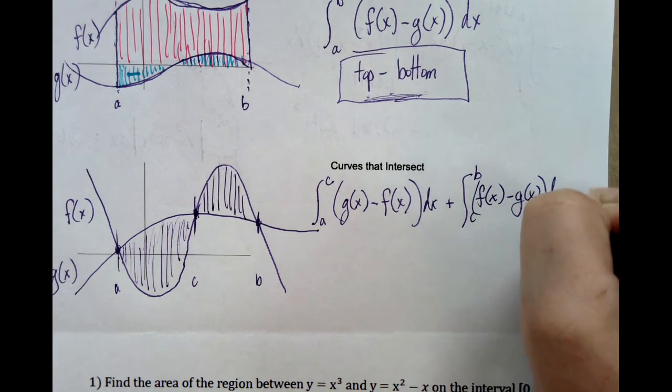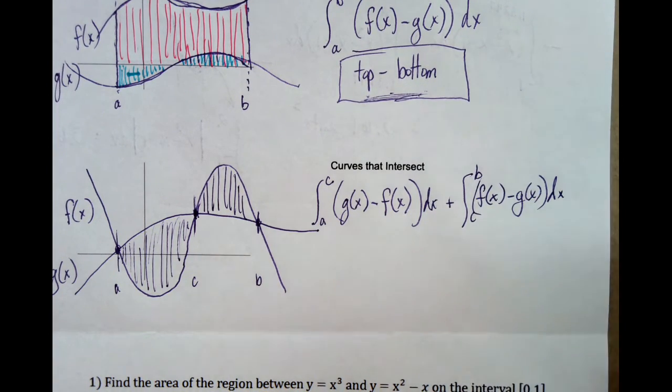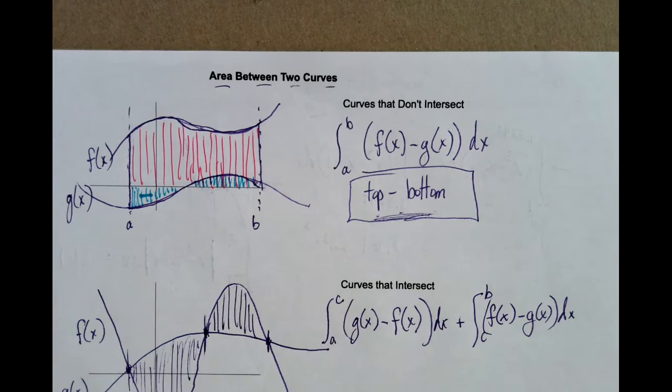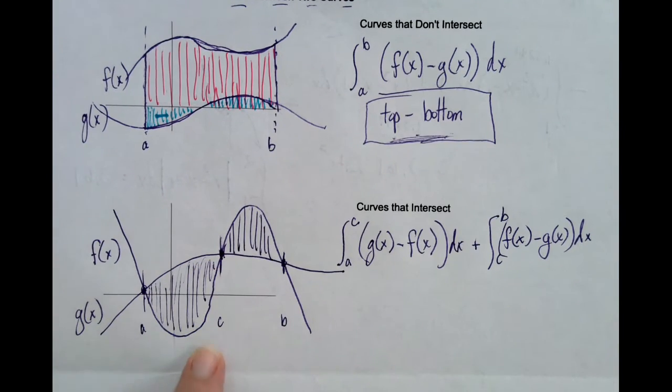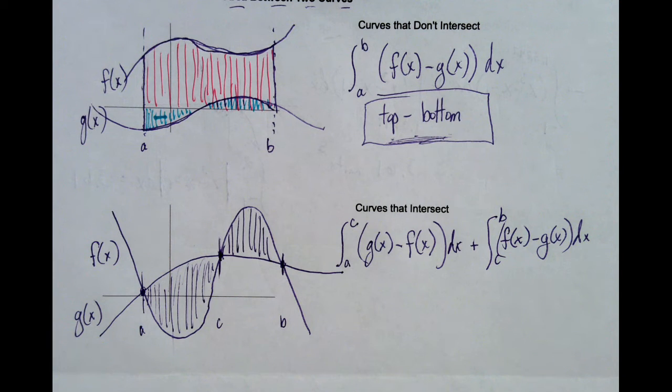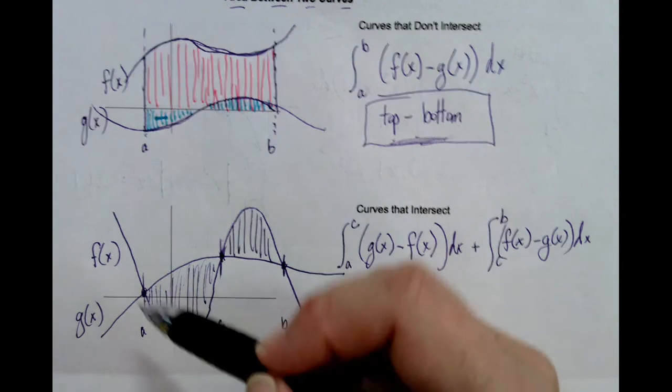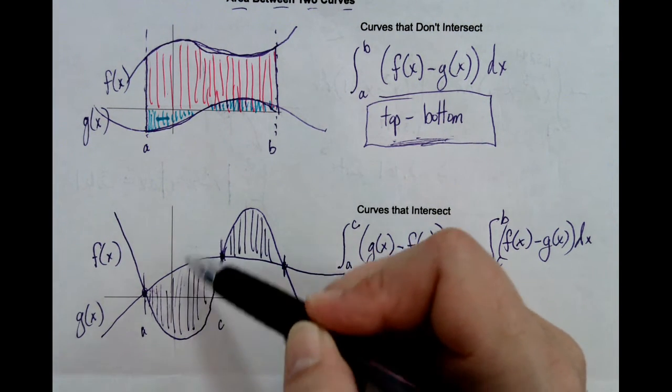Aiden, what were you going to ask? I'm confused on the first part, from A to C. Why are you subtracting them? Because I want this whole area between the two curves.